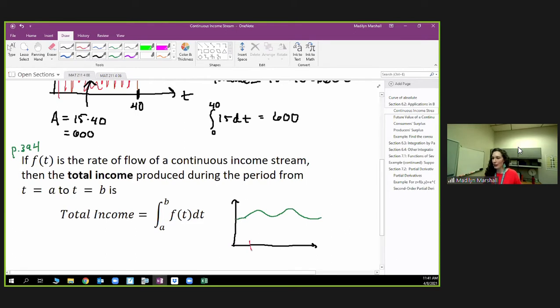And our time is a to b. The total income is represented visually by the area under this curve because it's that rate of flow, just like our $15 per hour above, times the time on the bottom.